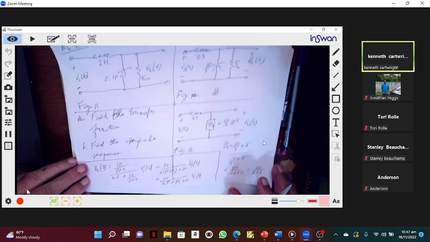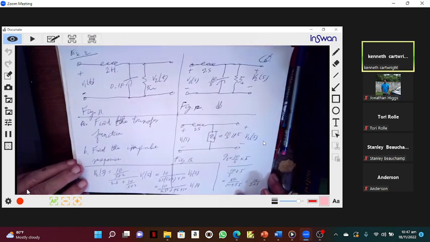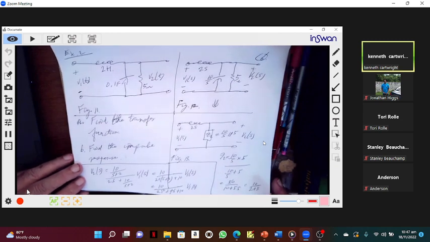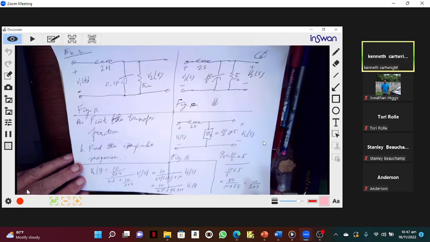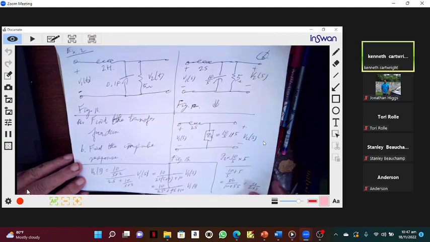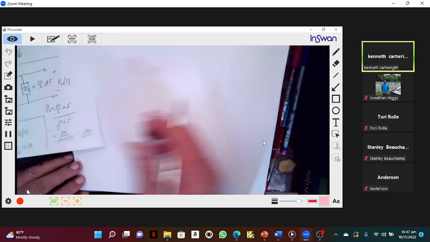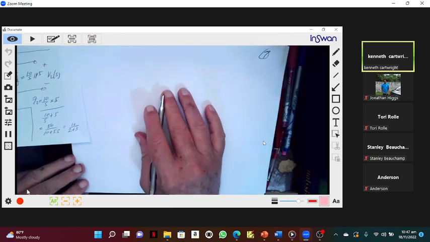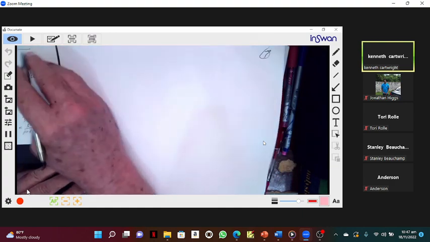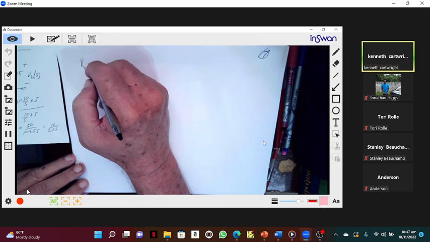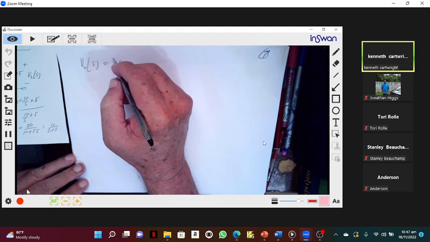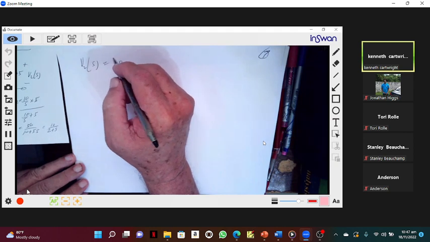Please take a screenshot because I'm going on to the next page. So just rewriting what I have at the last, I'm going to divide top and bottom by 2.